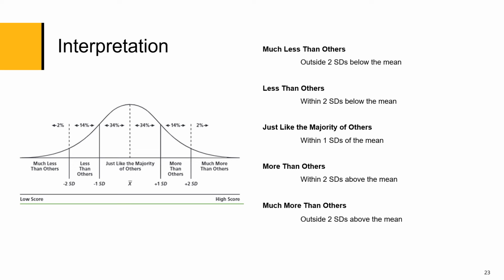Less than others will be within 2 standard deviations below the mean. Just like the majority of others will be within 1 standard deviation above or below the mean, and more than others is within 2 standard deviations above the mean. Much more than others is outside 2 standard deviations above the mean.